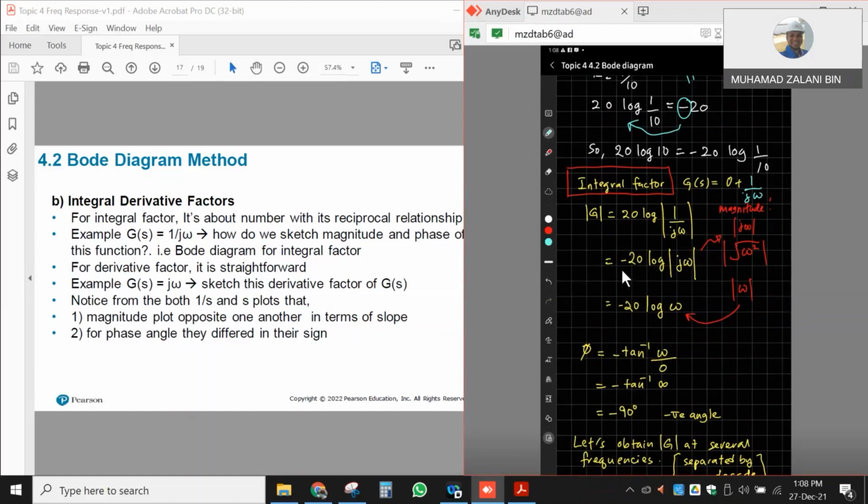So we convert it to negative 20 log j omega. It is easier when we do this magnitude calculation. Basically, it is omega, so it becomes negative 20 log omega for the magnitude.